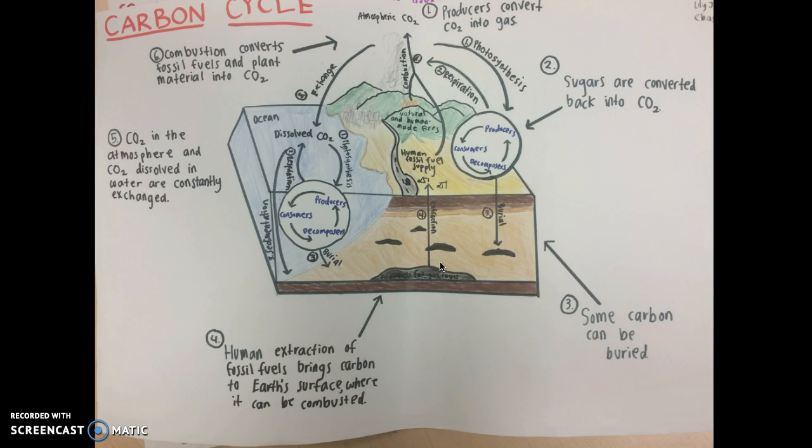You've got atmospheric carbon represented, and then you've got carbon cycling through producers, consumers, and decomposers, and terrestrial systems and aquatic or marine ecosystems as well. So really nice, with a representation of photosynthesis and then respiration, releasing carbon back to the atmosphere.